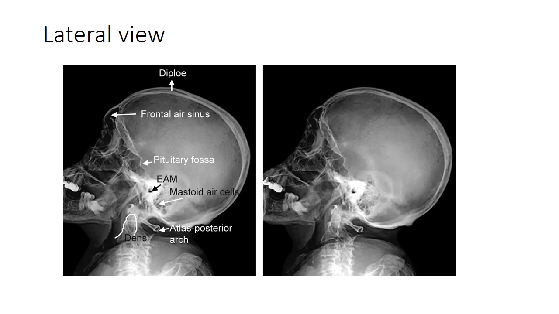Then we have the posterior arch of the atlas, and we can also mark this is one, and this is the dens. So you just take a picture and mark all these areas which I have told you. This is your homework.